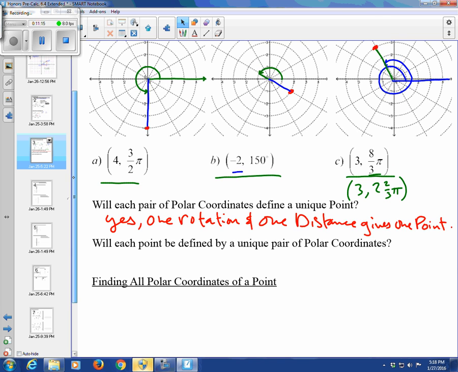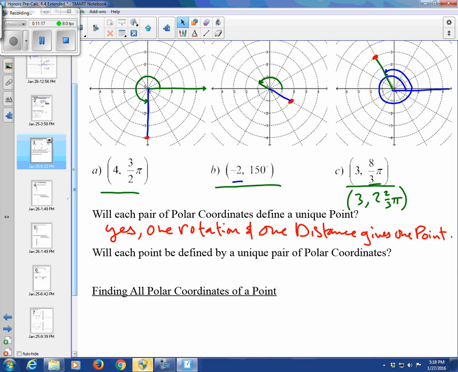So let's turn that question around. Will each point be defined by a unique pair of polar coordinates? So right here, is this point only going to be able to be defined by the pair of polar coordinates we have right here? And what we would have to say is, well, we know that our R values can be positive or negative.